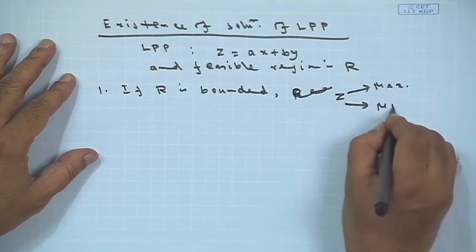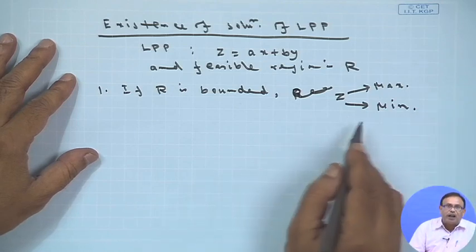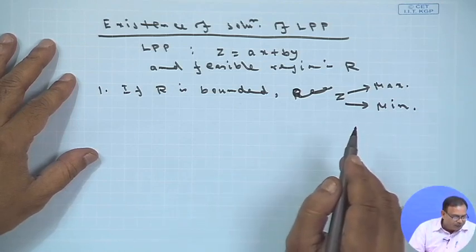Please note this one. If R is bounded, Z has both maximum value and minimum value.